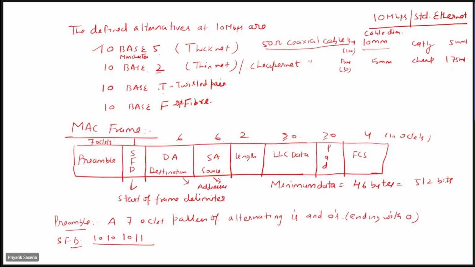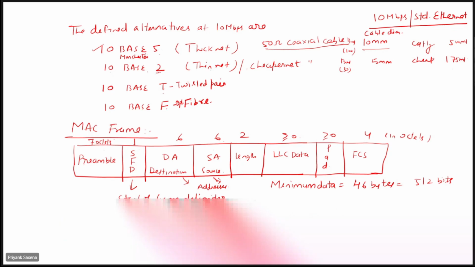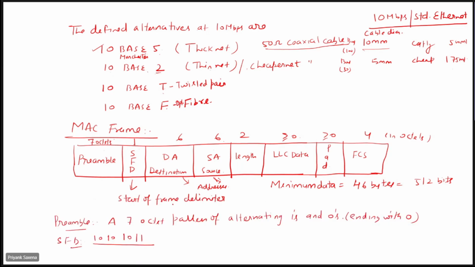Now the next two, 10BaseT and 10BaseF, do not follow the same notation I described, where the number indicates the maximum length of the cable in hundreds of meters. T stands for twisted pair, F stands for optical fiber. 10BaseT uses UTP. It also uses baseband Manchester, the same technique.